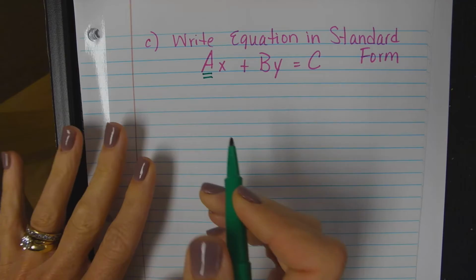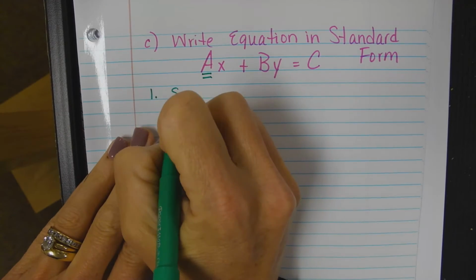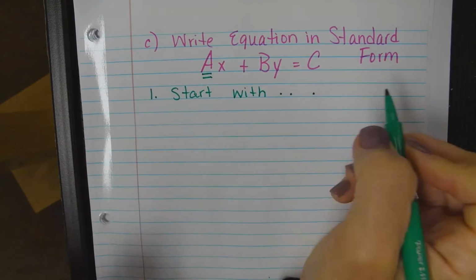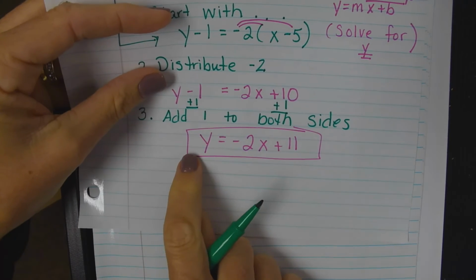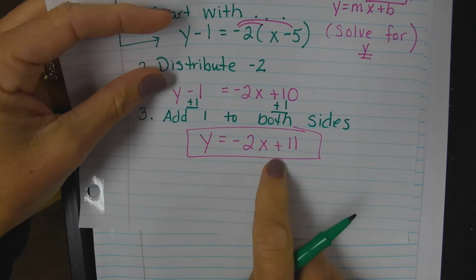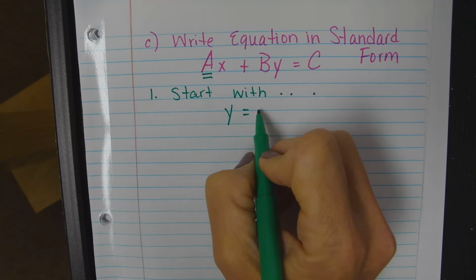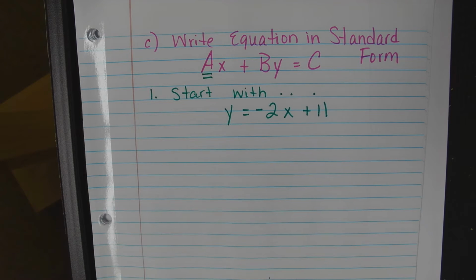All right. So let me give you a step. Start with what I had here. It's actually one step. So you're going to start with y equals negative 2x plus 11. And I'm just moving one term over and I'm done. If you remember, standard form, C was the easiest to spot.